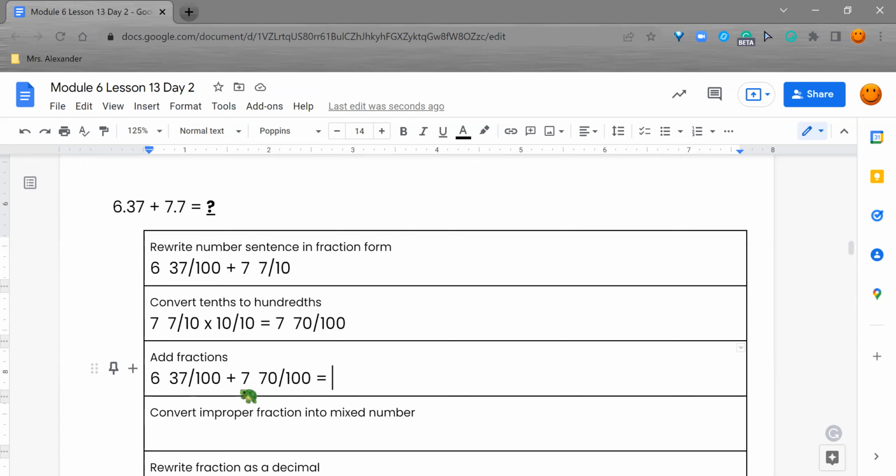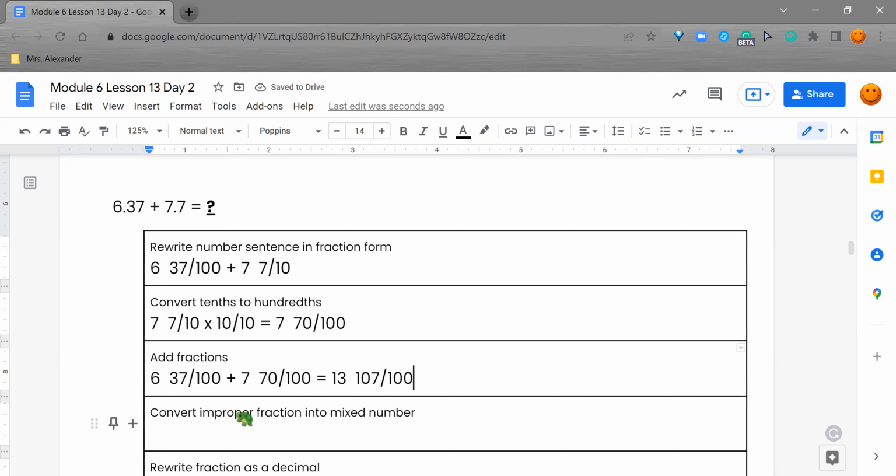So I'm going to do 7 plus 6, which gives me 13, and then 37 hundredths plus 70 hundredths. So I'm going to go ahead and add that. So I know 7 plus 0 is 7, and then 7 plus 3 is 10. And I get to put that over 100.